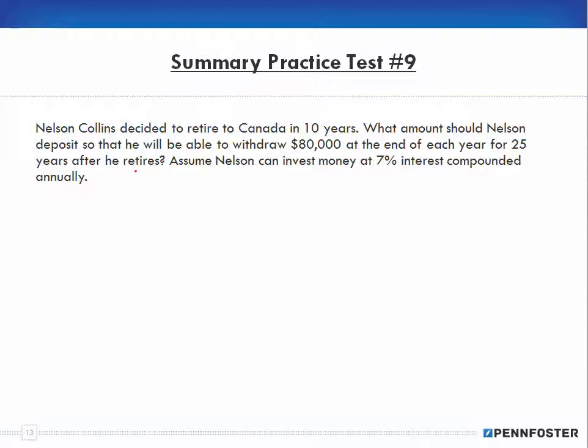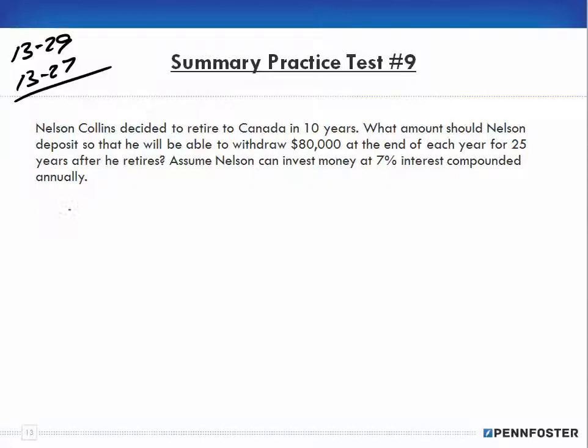Okay, so this problem was similar to problems 13.29 and 13.27, the word problems. If you want to go back and watch those videos, those 2 particular problems are very similar to this.